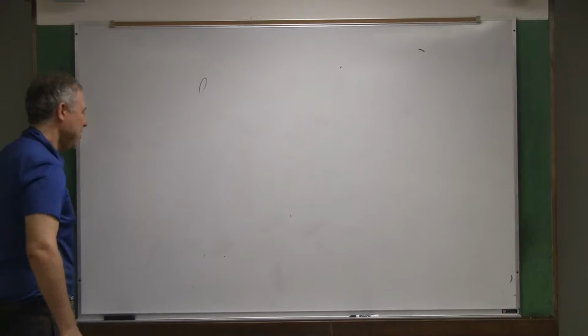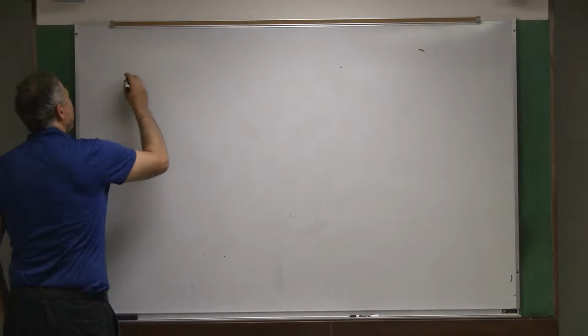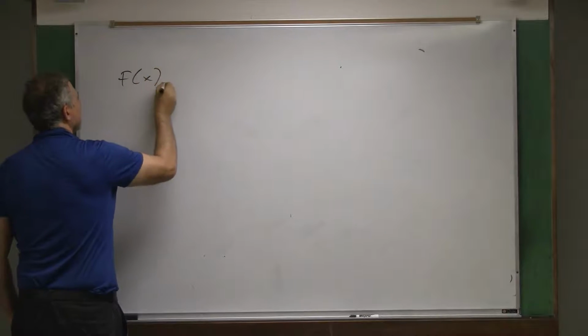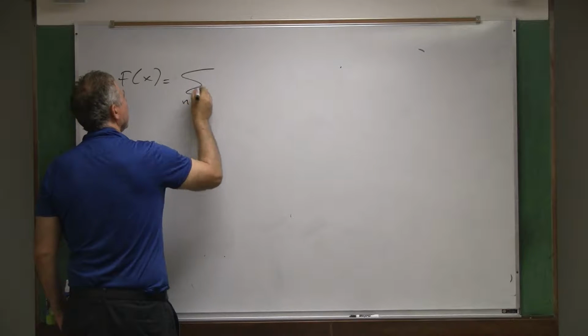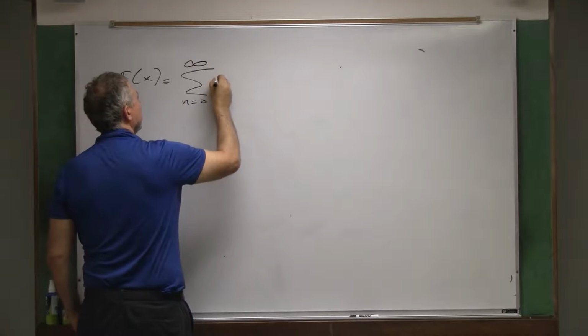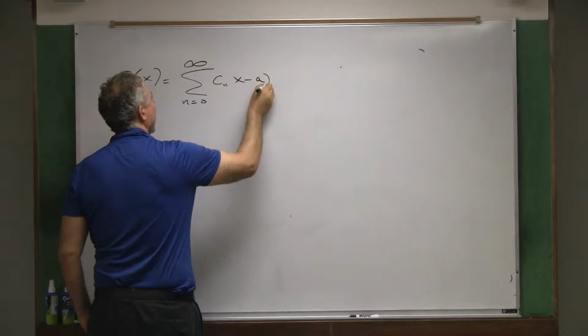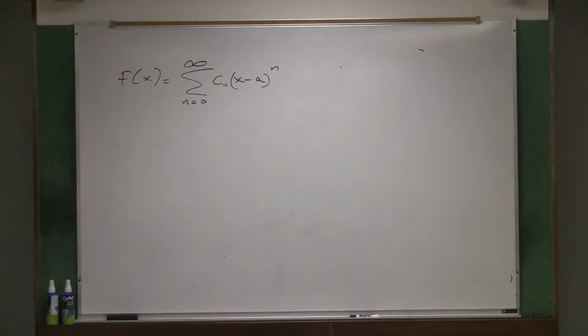Okay. So, last time in class we talked about power series. And we had a power series. This was a sum from n equals 0 to infinity of c sub n times (x minus a) to the n. And we call this a power series centered at a, right?